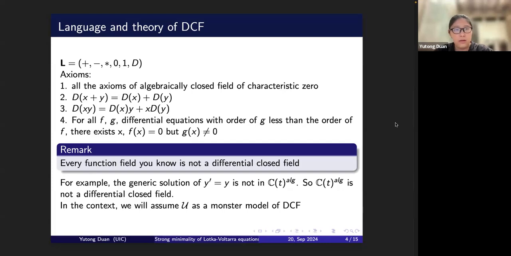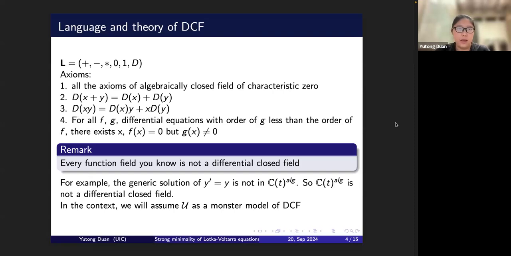And we have as axioms all the axioms of algebraically closed fields of characteristic 0, and the rules for the derivation. And the fourth point is how we tell a differential field is a differential closed field.